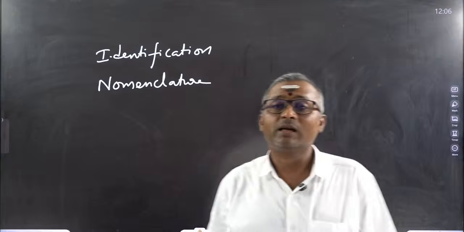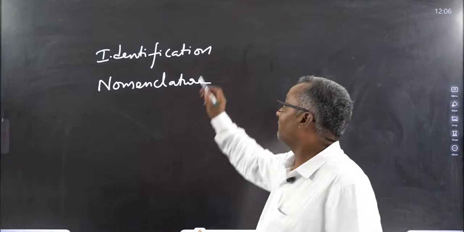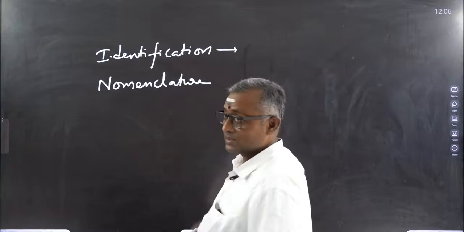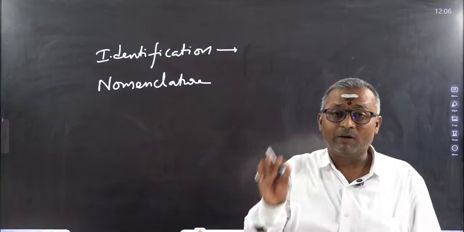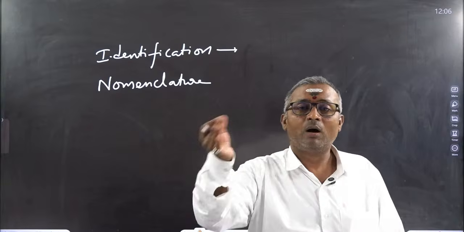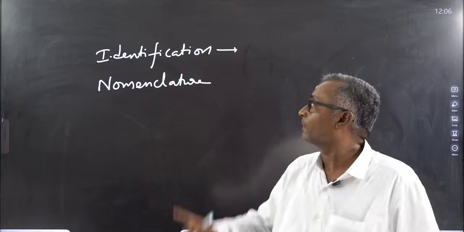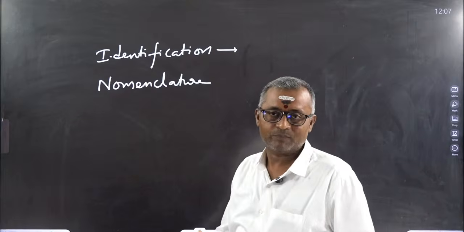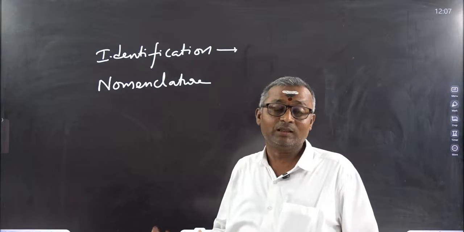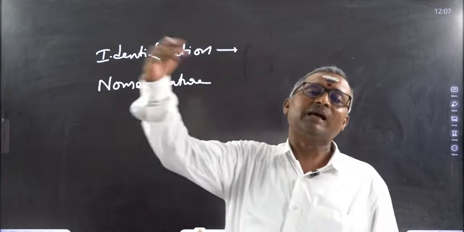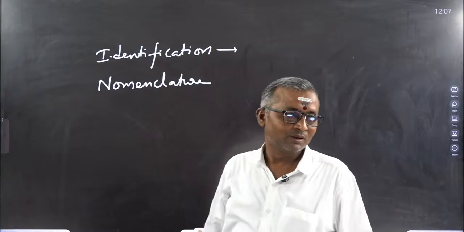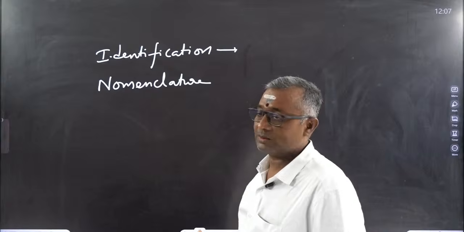Identification is the process of determining whether a collected specimen is already known or unknown. Nomenclature is giving a correct scientific name to the known organism. That is nomenclature.